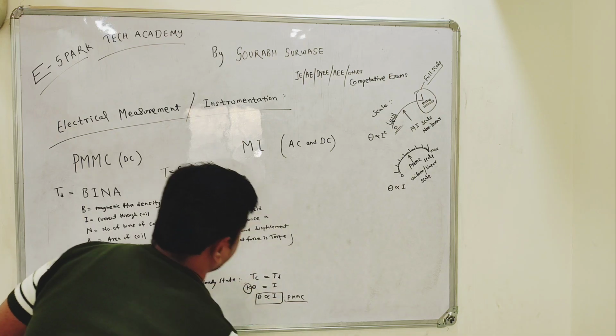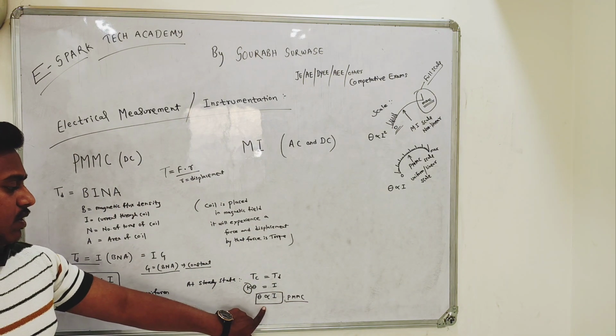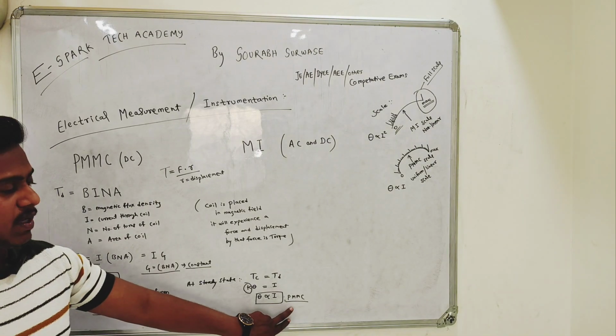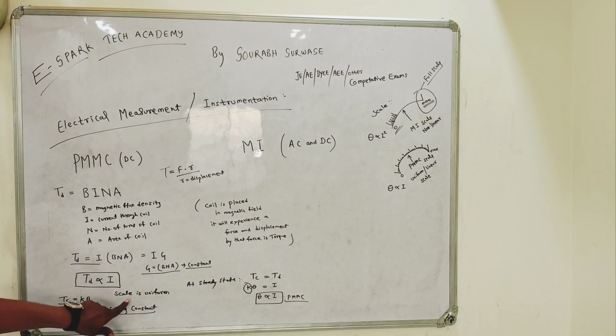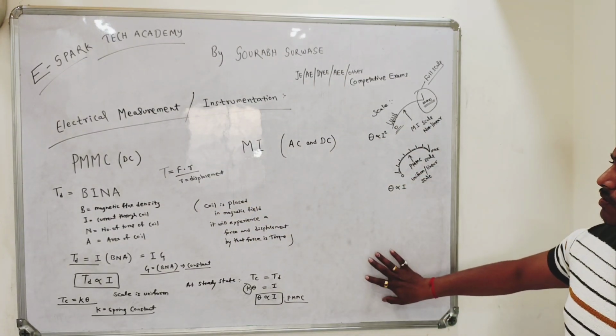K is constant of spring. That's why you can ignore it. Only write the equation in form of theta proportional to I. It is for the PMMC instrument where the scale is uniform, or you can say linear scale. Please note it down very carefully. It will be asked in examination.